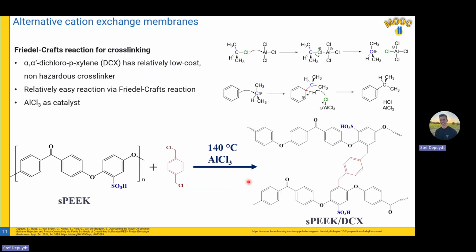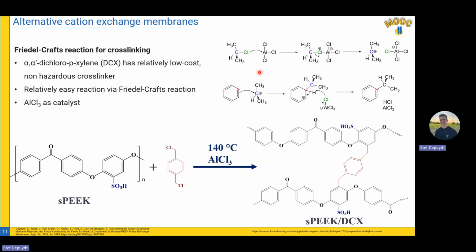Now we need to cross-link this backbone. We chose to do the cross-linking via the Friedel-Crafts reaction because we chose this cross-linker, alpha,alpha'-dichloro-p-xylene. We use this one as cross-linker because it's relatively low cost and it is relatively non-hazardous. How does Friedel-Crafts work? Therefore, we need a catalyst.